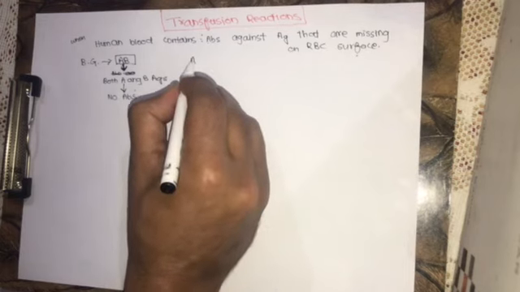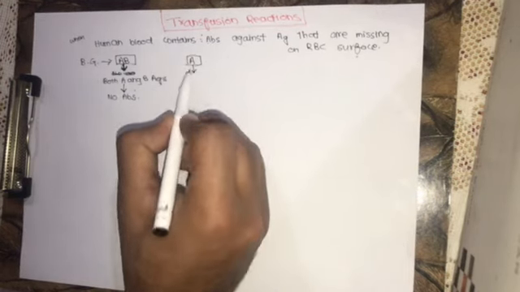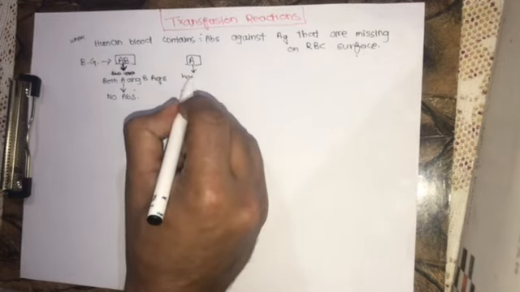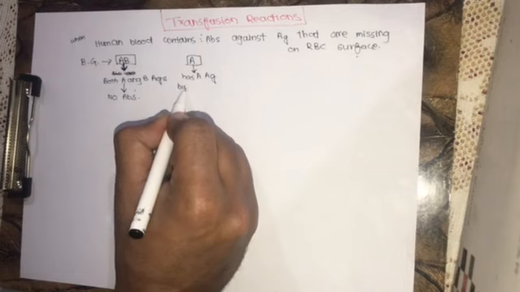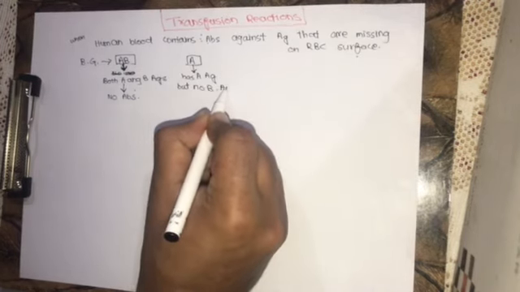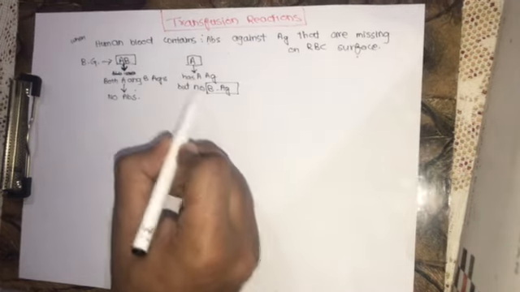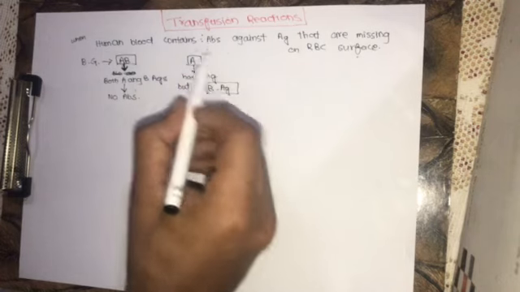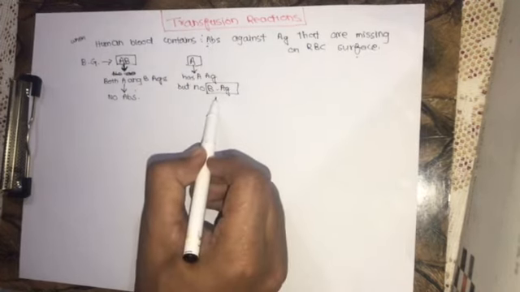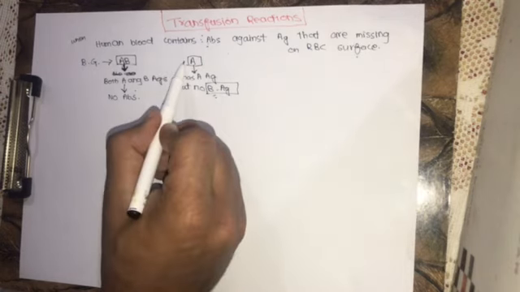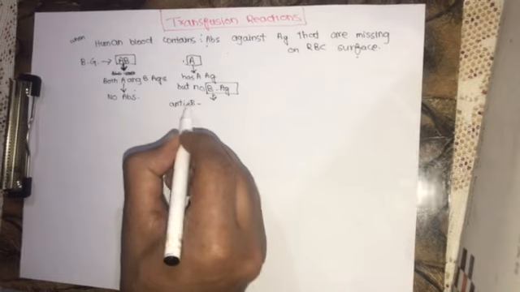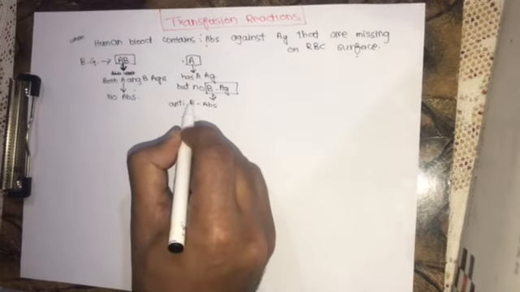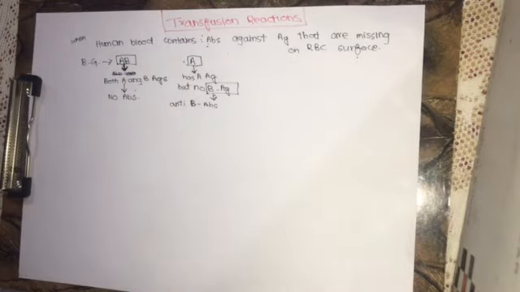Similarly, in blood group A, blood group A has A antigen, but no B antigen, so there will be antibodies against this B antigen because that B antigen is missing on blood group A. So there will be anti-B antibodies, because the RBC will form antibodies against the antigen that is missing.